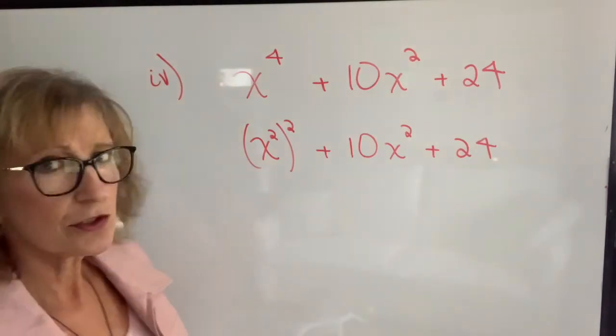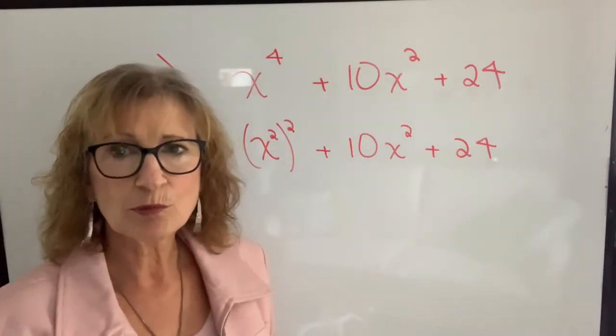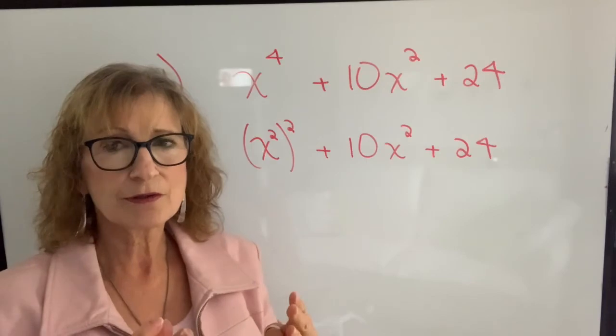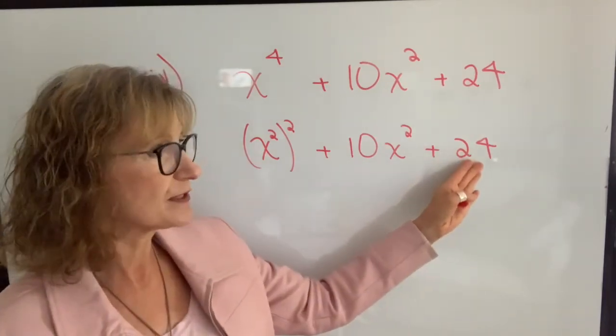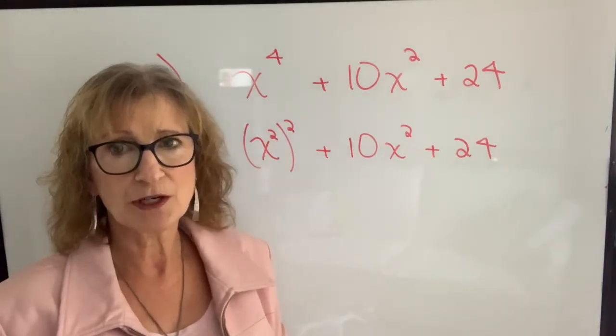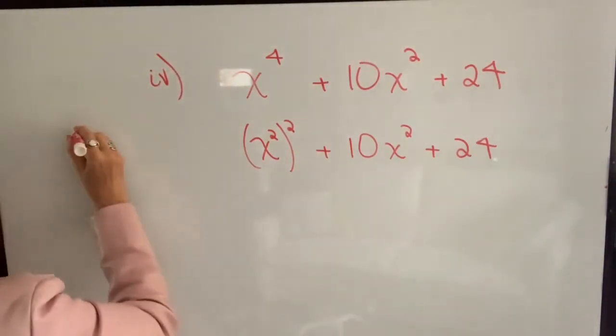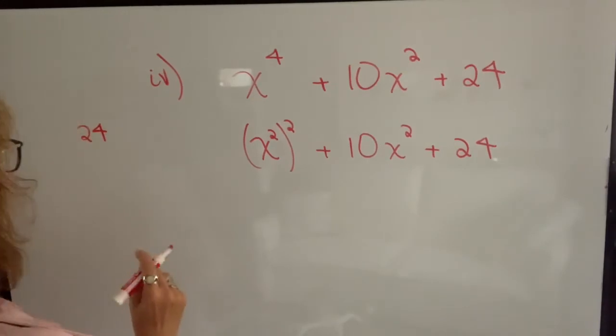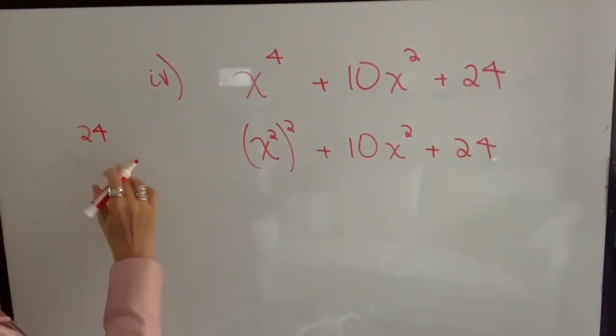So in this case, I mentioned in the last example about prime factorization. When your last number, you're looking for numbers that multiply to equal this, you might want to do prime factorization to help you find those numbers. Prime factorization is simply breaking down that number into all the prime factors.